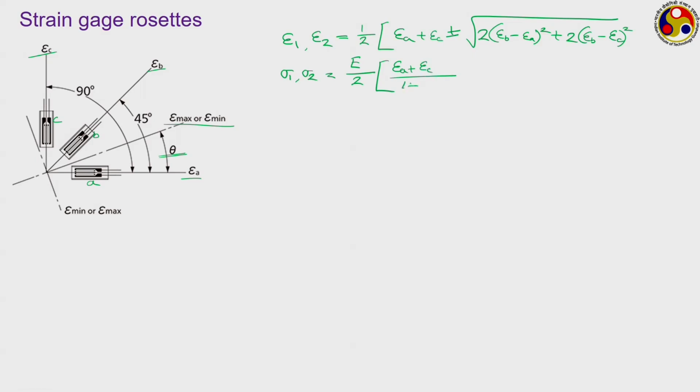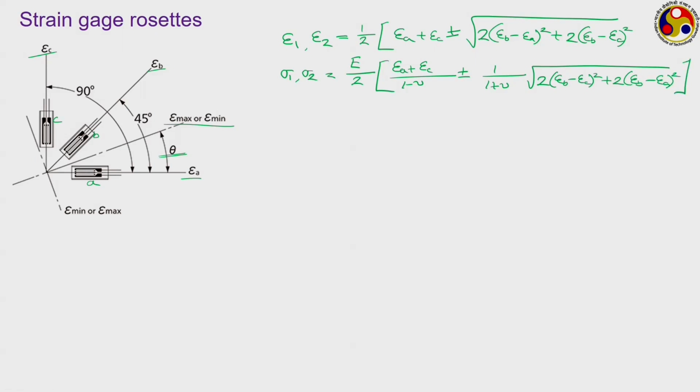Epsilon c by 1 minus nu, plus minus 1 by 1 plus nu into, within square bracket, the same term, that is 2 into epsilon b minus epsilon c whole square plus 2 into epsilon b minus epsilon a whole square.